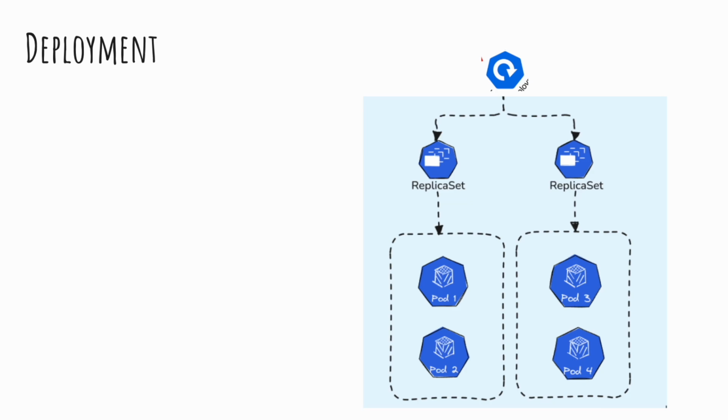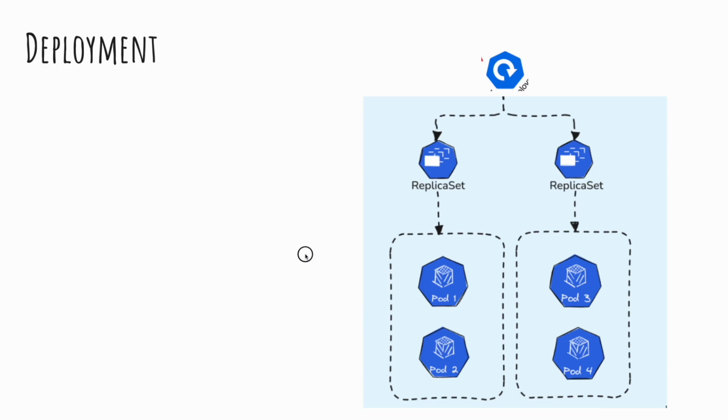Once you update some configuration, like a new image, and you feel it is not working, you can easily roll back to the previous state. These are the main deployment features and benefits.